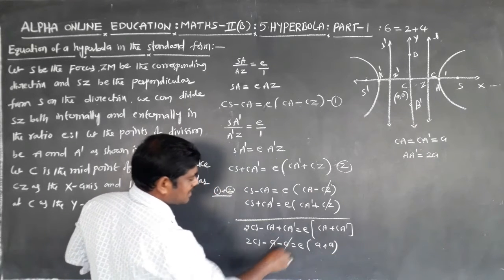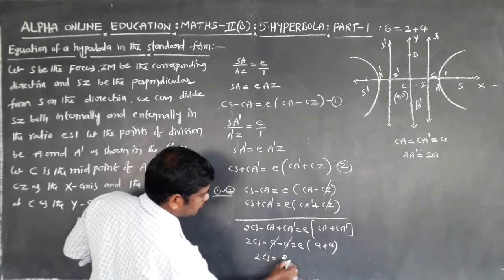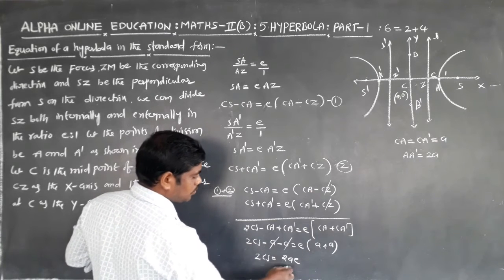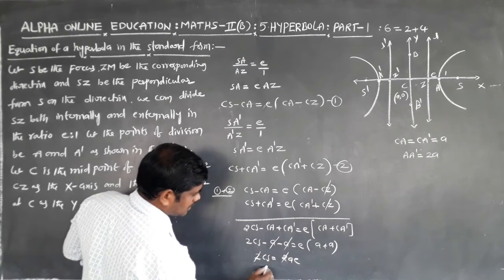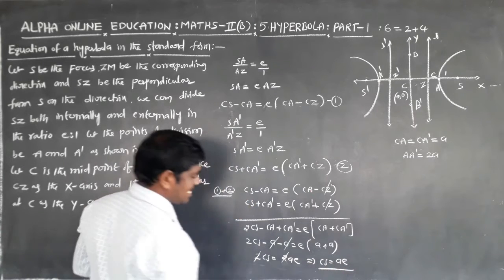Minus a and plus a cancel. 2CS equal to 2ae. Both sides 2 cancel, so CS equal to ae.